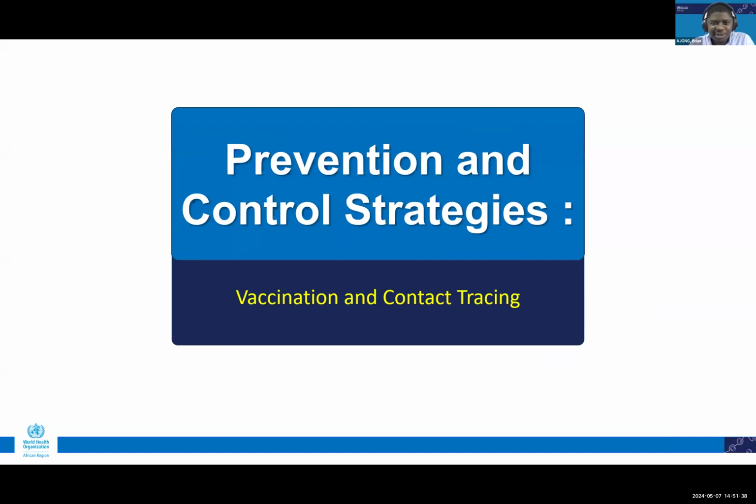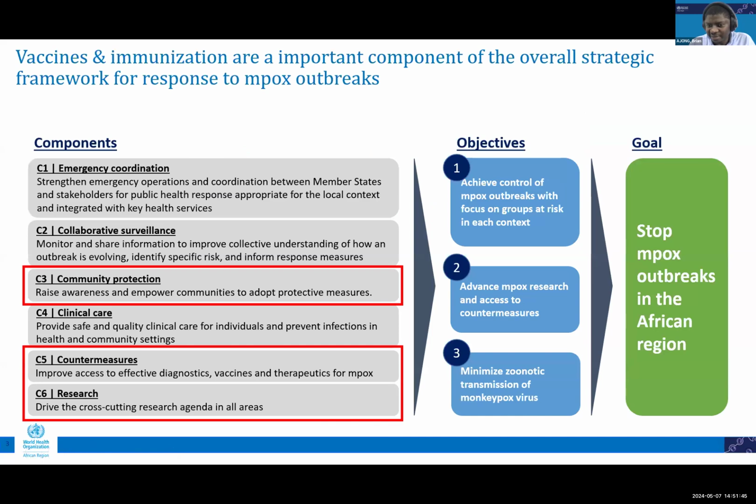Thank you very much, and apologies for the connection issues. I'm also connected on 2 devices to ensure that we no longer have that interruption. I was just trying to explain this framework and how the immunization strategies we are going to talk about would fit into the WHO framework of mpox outbreak response in the African region. Immunization really falls into 3 main components of this framework developed by WHO.